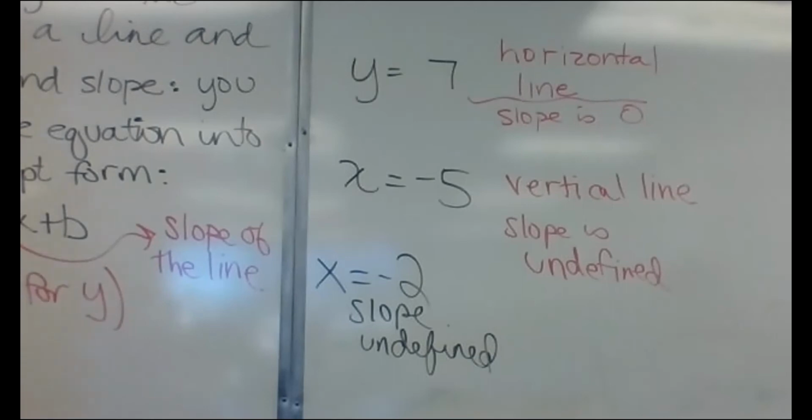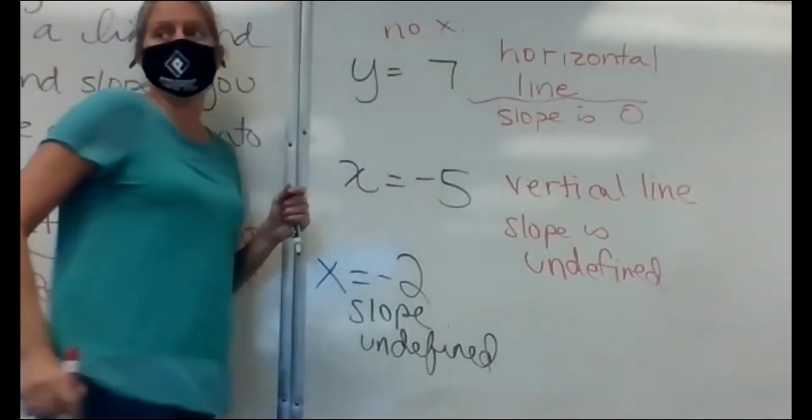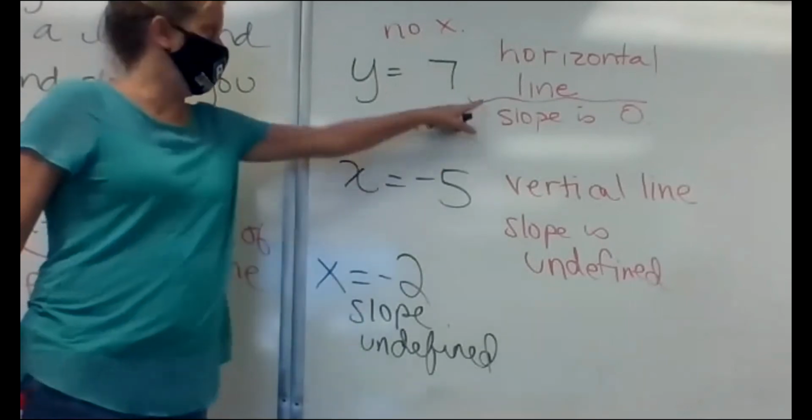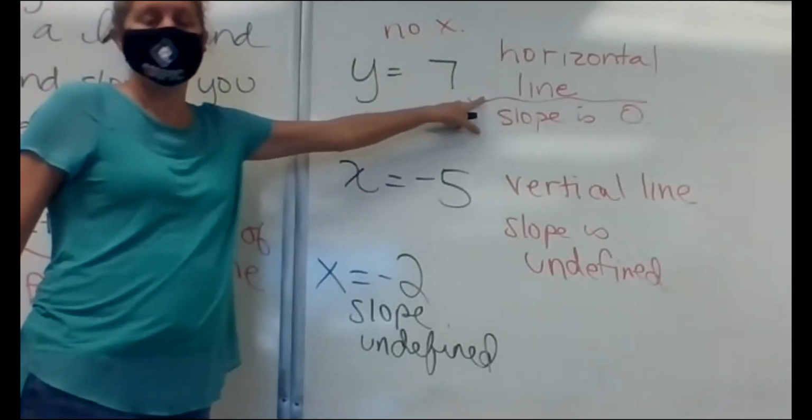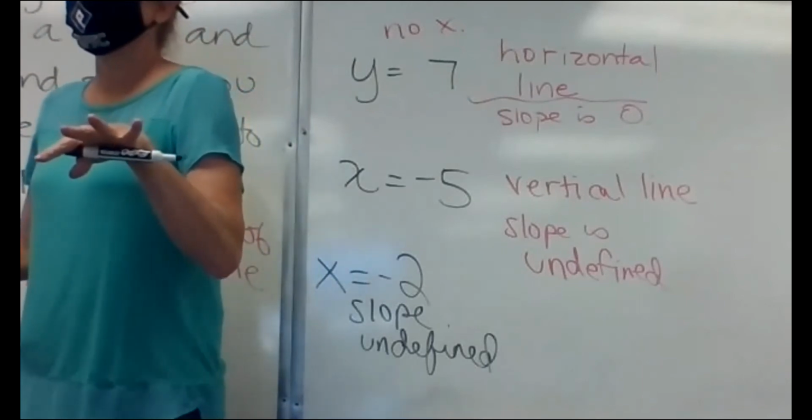But if you've got both of them, then the slope is horizontal and it's 0. If you see this one, it doesn't have an x. That means it's 0. Most lines have an x and a y.